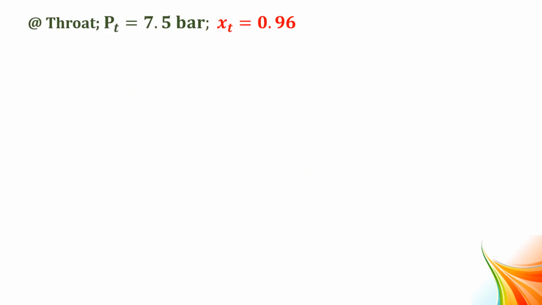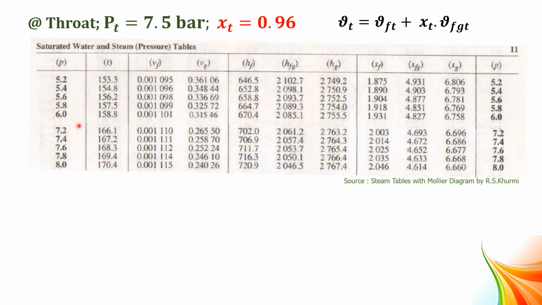Now we have to find out the value of specific volume of steam at the throat section. Which is calculated by using this equation: Vt equal to Vft plus Xt into Vfgt. Here the Xt value we know, which is 0.96. So Vft and Vfgt values we can take from the steam table corresponding to a pressure of 7.5 bar.